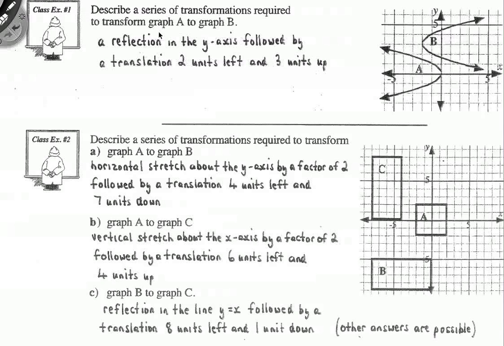In this case, I showed that a reflection in the y-axis would end up coming here. They're doing that, but they mention the translation 2 units left first. It doesn't really matter in this case which way you do the translations, but it does matter that you're doing the reflection first.